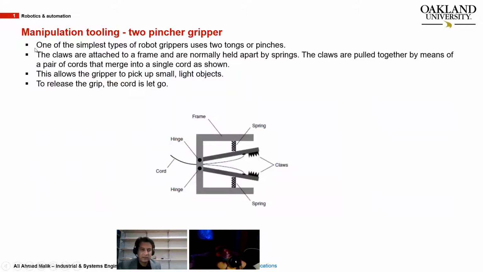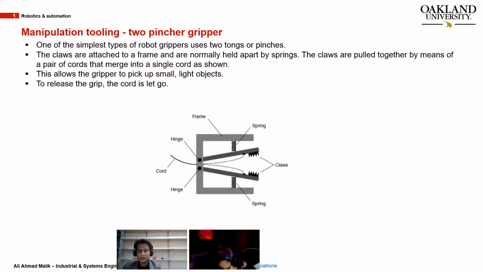If we talk about manipulation related grippers, the most common type is called the two pincher gripper. When we do these lectures, there will be a few things that are very old school, but we will still go through them because some grippers may still use these principles.